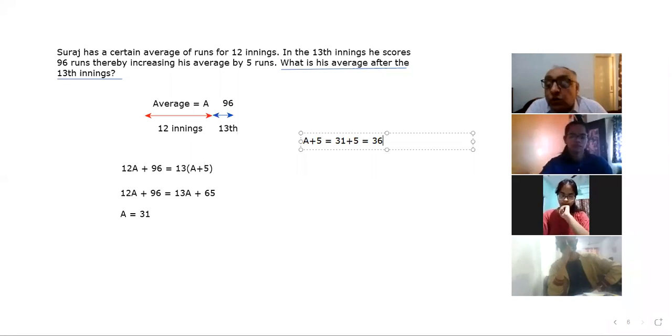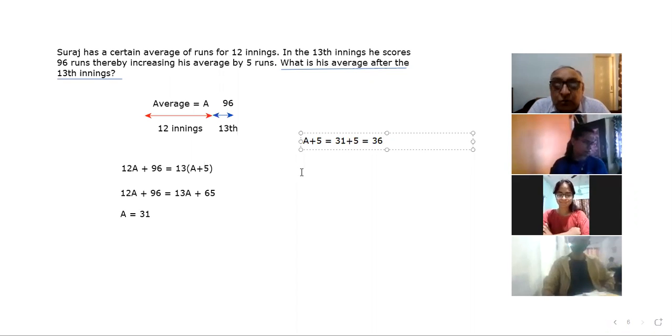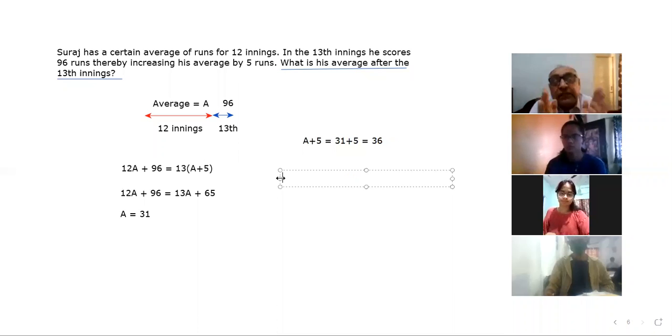So this is the way to solve. And beta, there is one more way to solve, which some illiterate people like me follow or adopt to solve this question. How? There is a very simple thing: in the last inning, he scored 96 runs.